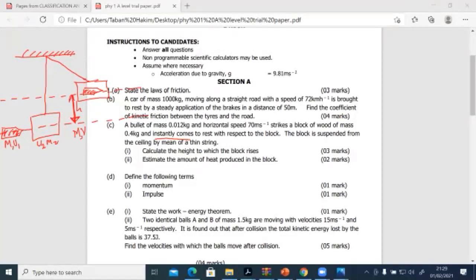So calculate the height to which the block rises. During the lesson, we said that we are going to be using two principles. One is the principle of conservation of mechanical energy, and two is the principle of conservation of momentum.